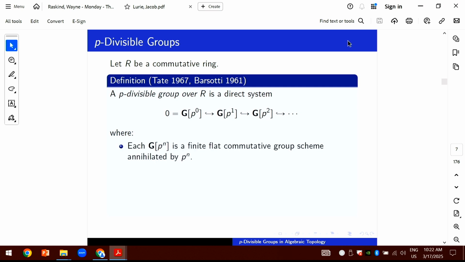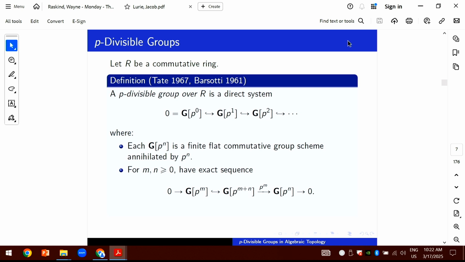So each G[p^n] is a finite flat commutative group scheme, which is annihilated by p^n. And each G[p^m] sits inside each of the bigger ones as the subscheme of p^m torsion.